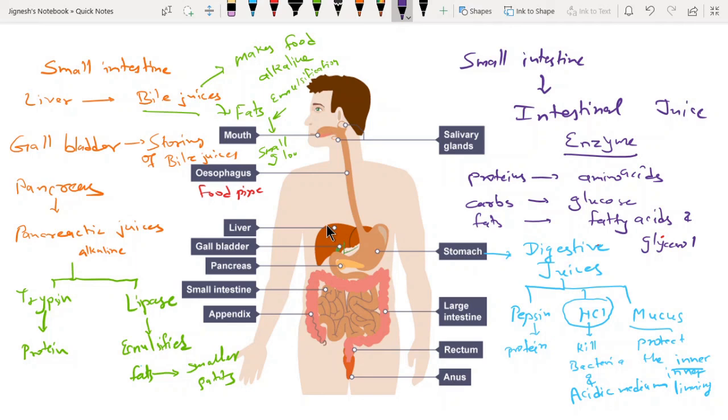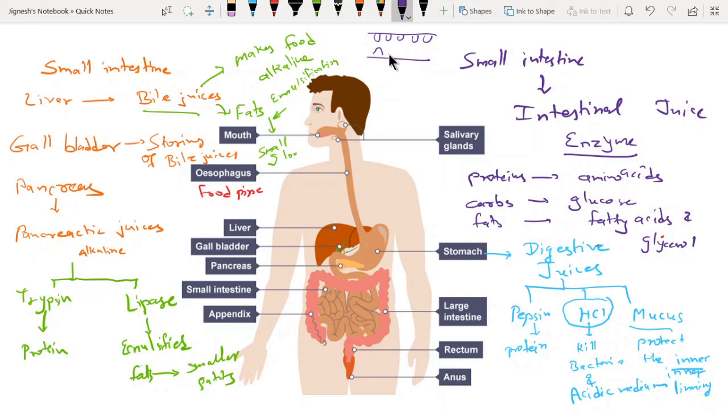Now how it gets absorbed is the main important thing, that is called assimilation. How do these amino acids, glucose, fatty acids and glycerol get absorbed into the small intestine? In the small intestine, the canal is like this, but there are small finger-like projections like this.